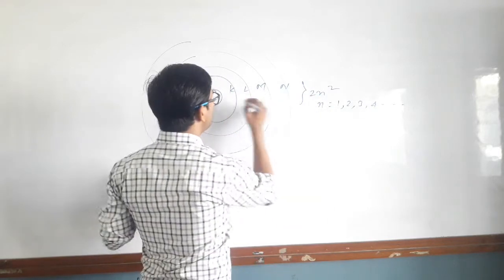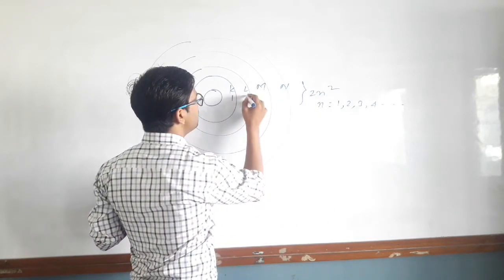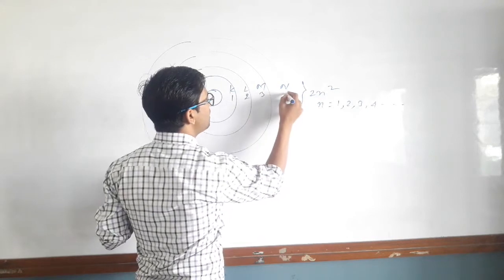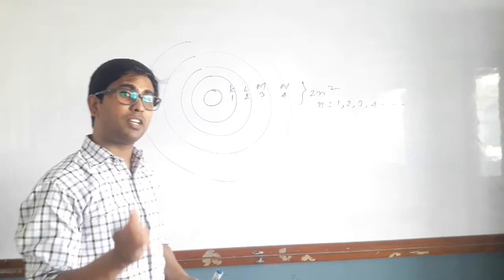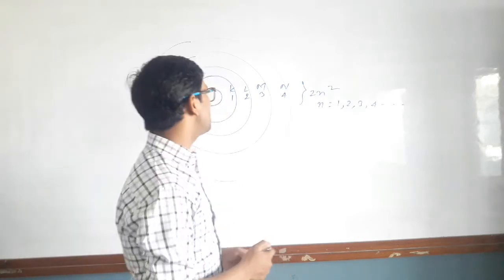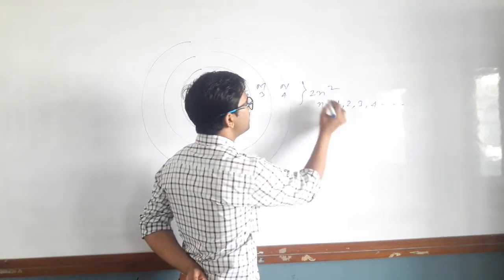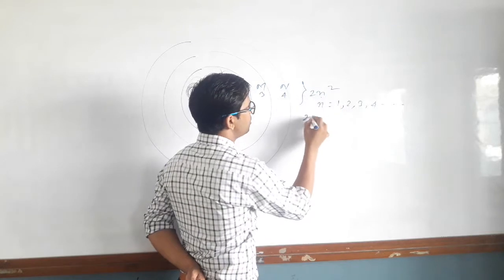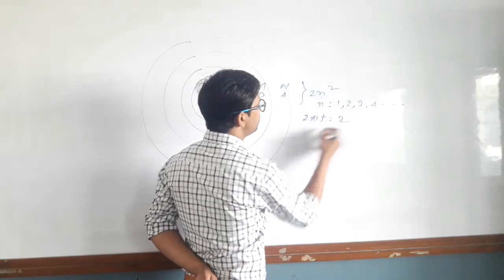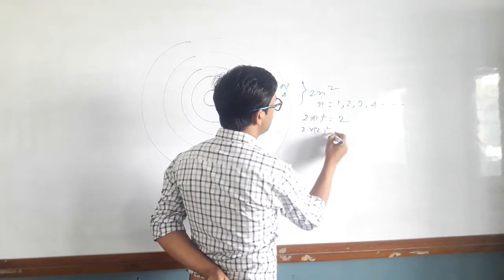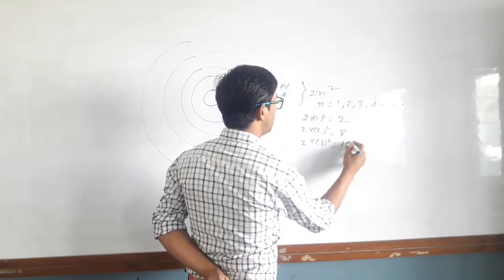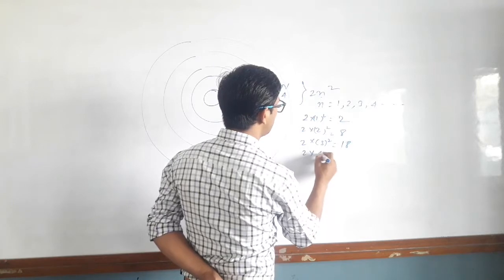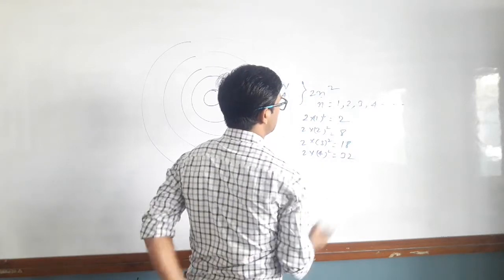The 1 was for K, the 2 for L, 3 for M and 4 for N. If you want to know the total number of electrons in any shell, you just have to put the value of n in this place. 2 into 1 square is 2, 2 into 2 square is 8, 2 into 3 square is 18, or 2 into 4 square is 32.